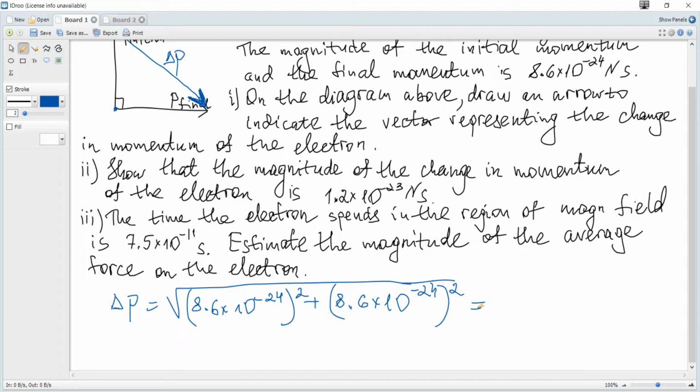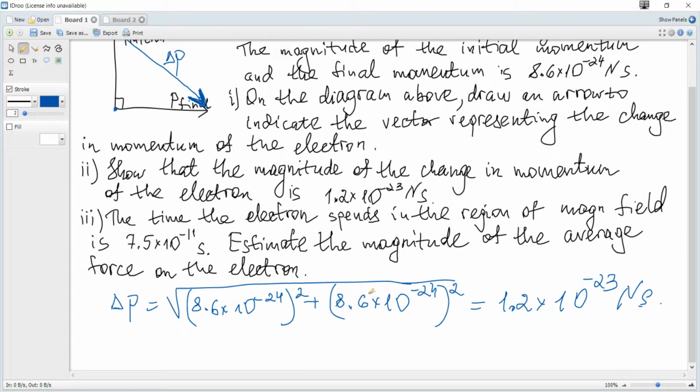Since it's an isosceles right angle triangle, delta P is just 8.6 times 10 to negative 24 multiplied by the square root of 2, and it is equal to 1.2 times 10 to negative 23 newton seconds to two significant figures as required.